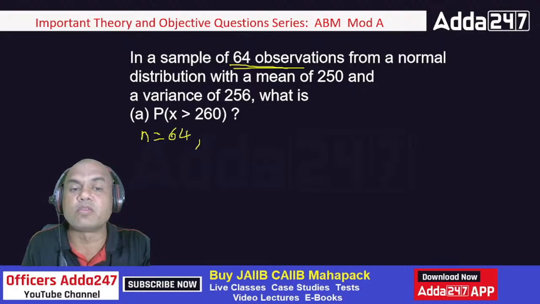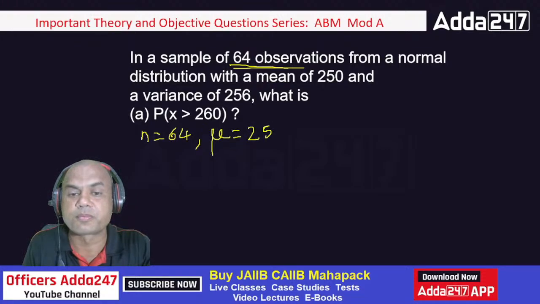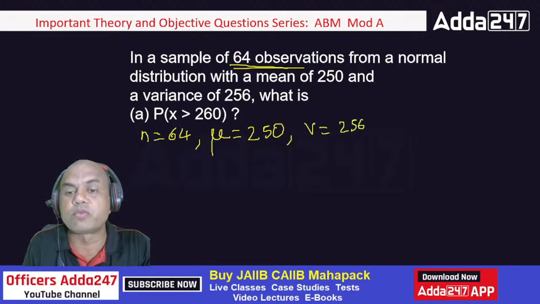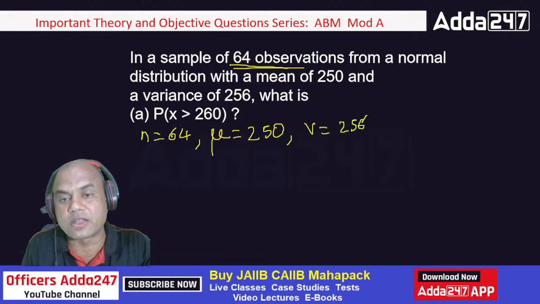Then the normal distribution has a mean of 250. This is known as mu, the population mean, so that is 250. And the variance is 256. From the variance, we will immediately find the standard deviation.